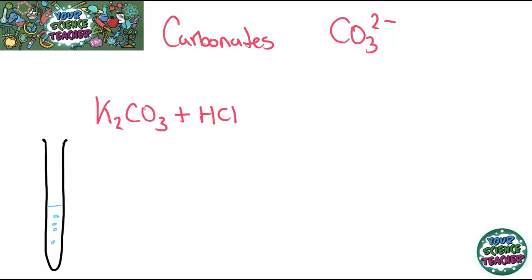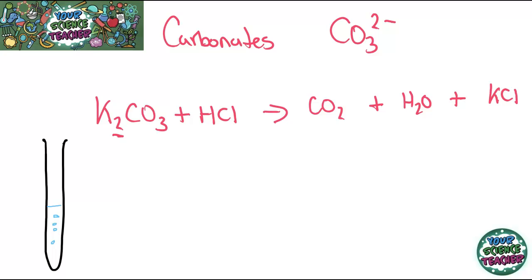When I do this and I've got a metal carbonate and I add my acid, I make 3 products. I'm going to make carbon dioxide, water, and I'm also going to make my salt, which will be potassium chloride in this instance.